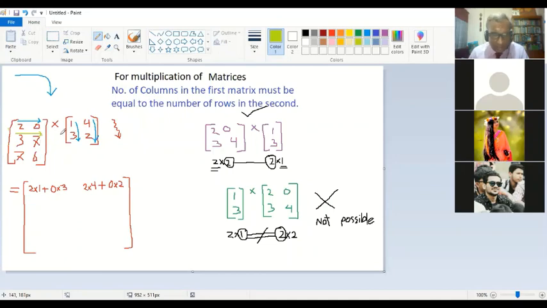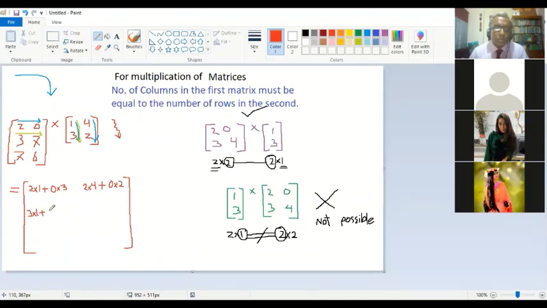For the second row, you will do the same calculation: 3 into 1, plus 7 into 3.